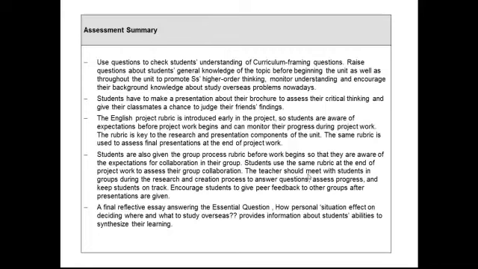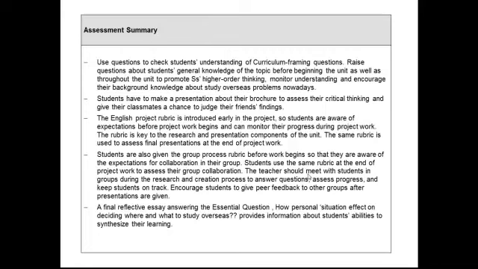The assessment to support the unit is also necessary. The summary of assessment here is to use questions to test students' understanding of the curriculum framing questions. Students have to make a presentation. The English project rubric is introduced early in the project.